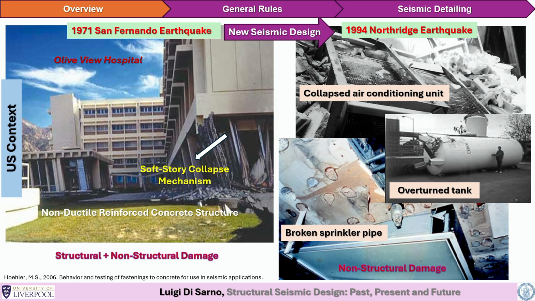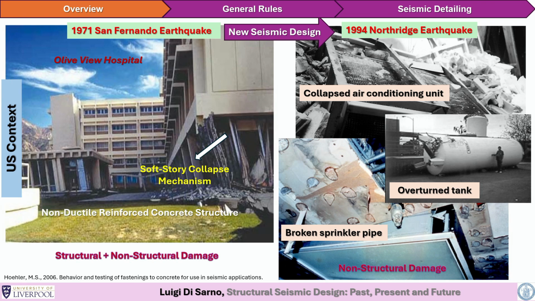In fact, this building collapsed, but it is also very interesting to mention that after this building, there was a very heavy change in terms of regulation in the US. This is the US context. When the next large earthquake occurred in the US, 1994, Northridge, this building was also affected by strong motion. The superstructure behaved well, so there was no structural damage. Unfortunately, all the building contents collapsed.